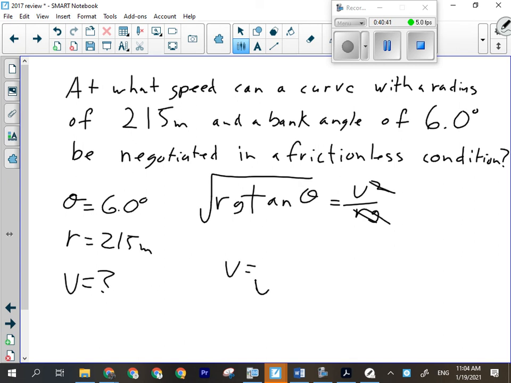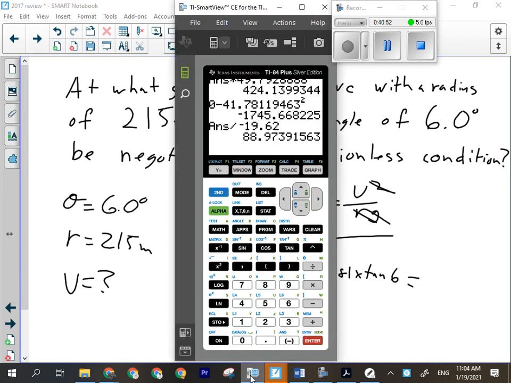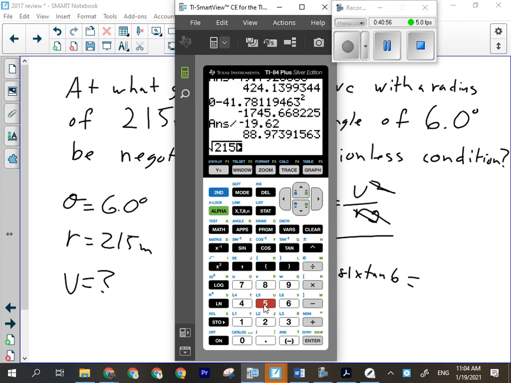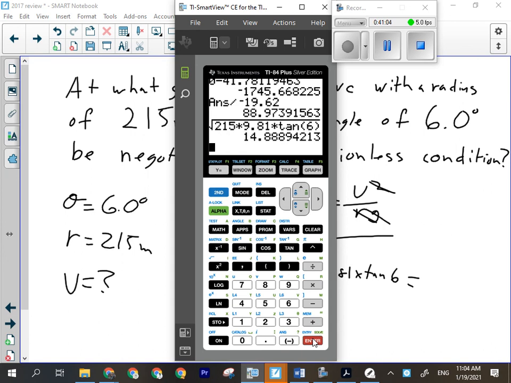So v will equal the square root of 215 times 9.81 times the tan of 6. So it can be taken at 15 meters per second.